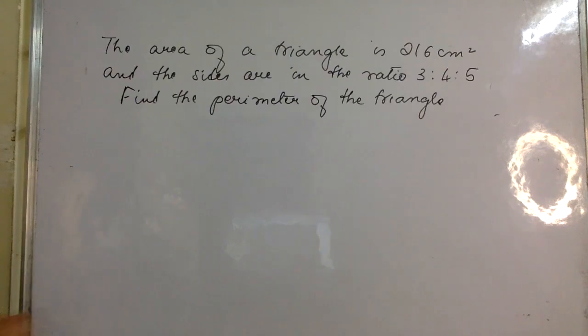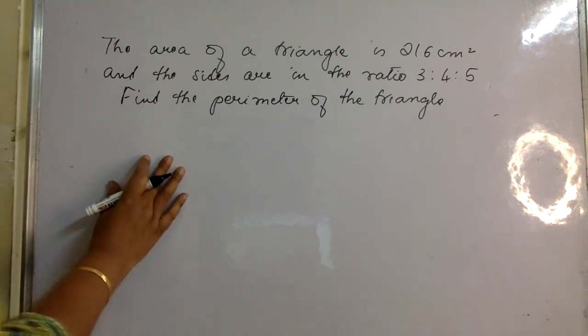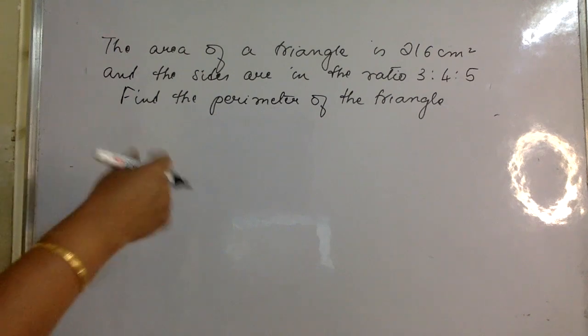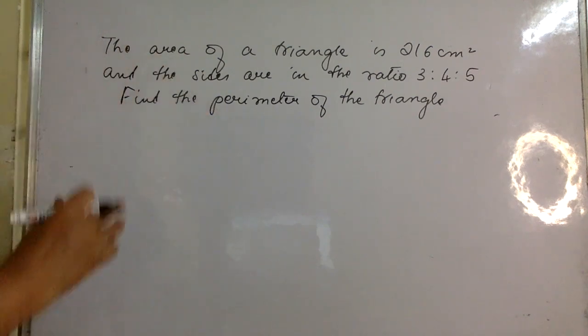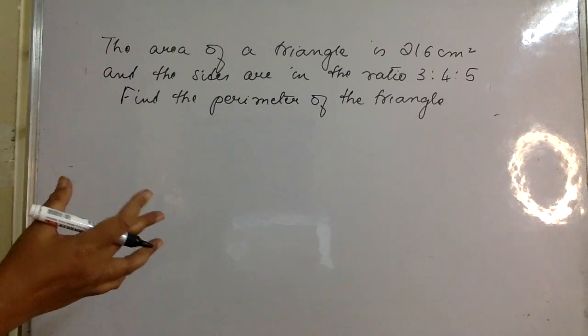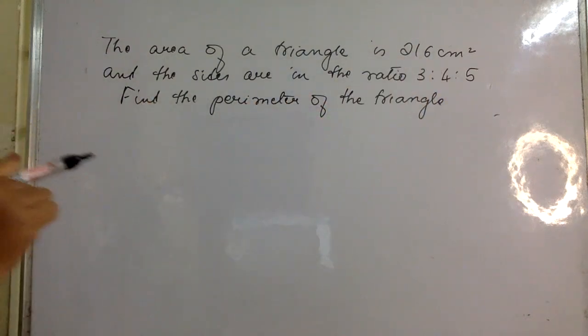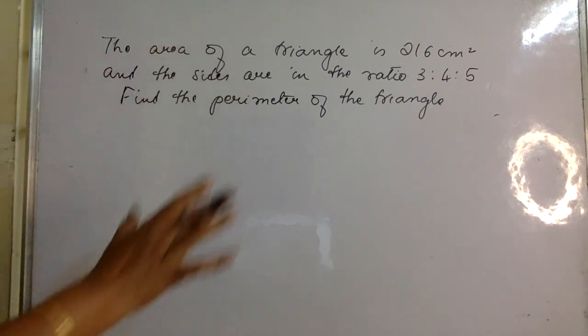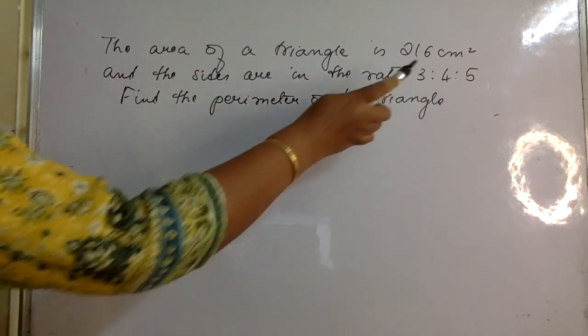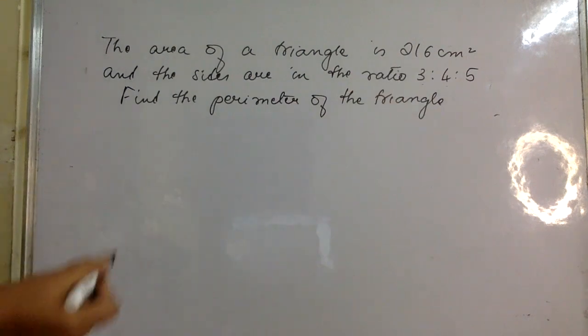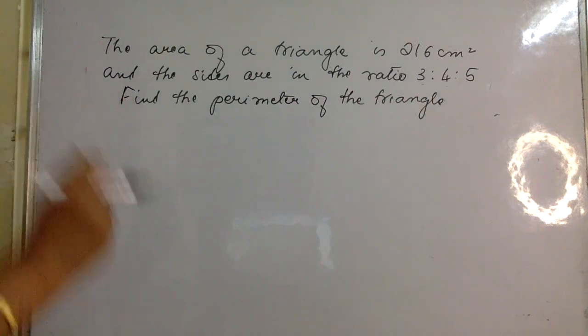Now here is the question. Find the area of a triangle. The area of the triangle is given as 216 centimeter square, and the ratio between the sides is given. When all three sides are represented with the help of ratios, let me see how we can find the perimeter of the triangle. Remember, when they have indicated the three sides, they are trying to indicate Heron's formula.